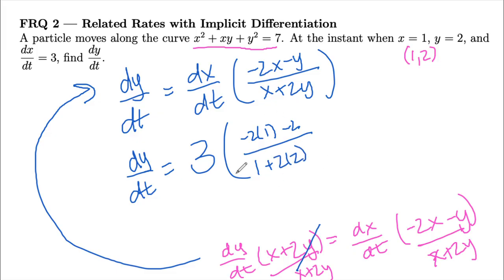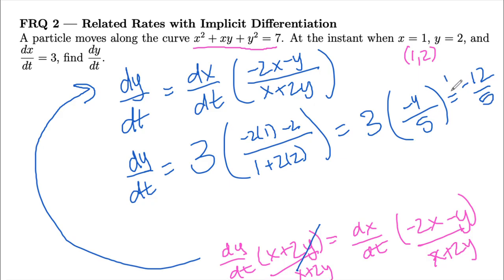Again, this should look familiar from the last question we just did. So this is equal to 3 times, in our numerator negative 4, in our denominator 5. So 3 times negative 4 is negative 12, over 5. This tells us that dy/dt is equal to negative 12 over 5.